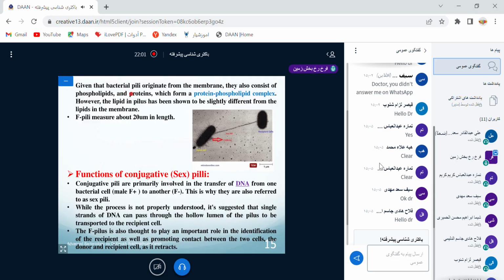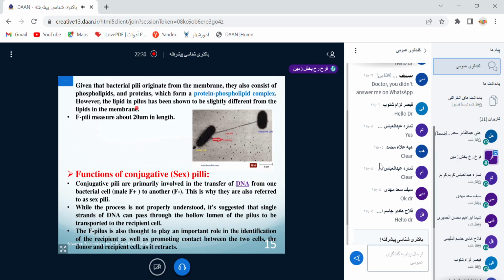Given that bacterial pili originate from the membrane, they also consist of phospholipids and proteins. So mainly they contain protein, but some phospholipids are attached also, which form a protein-phospholipid complex.